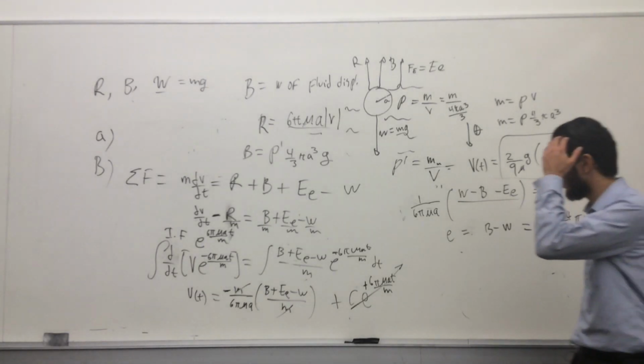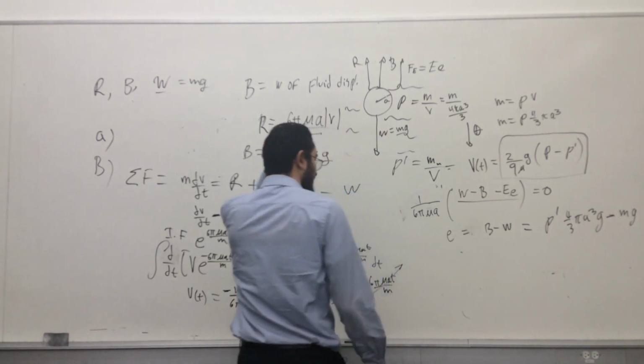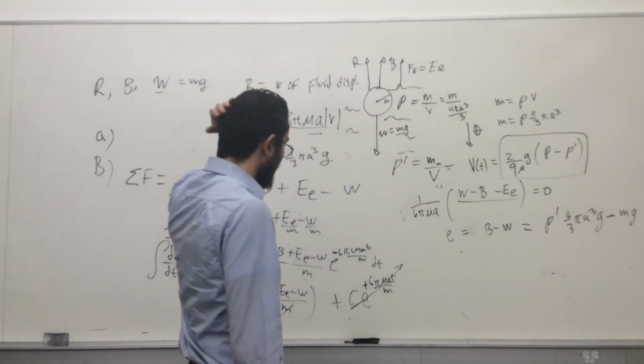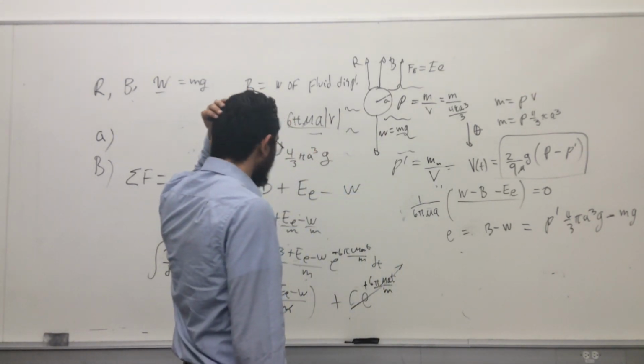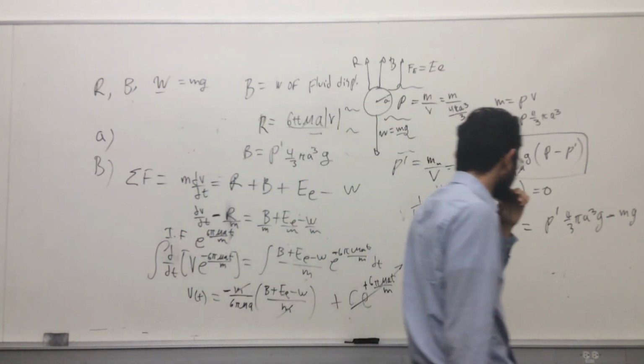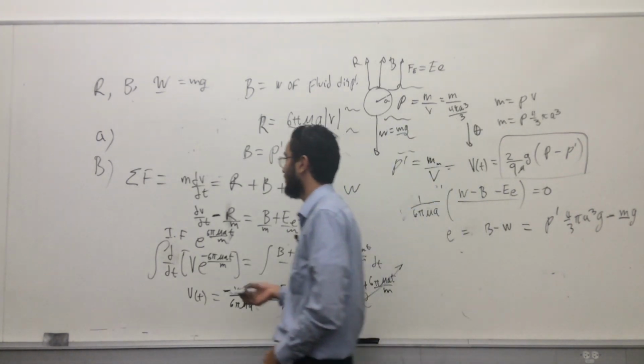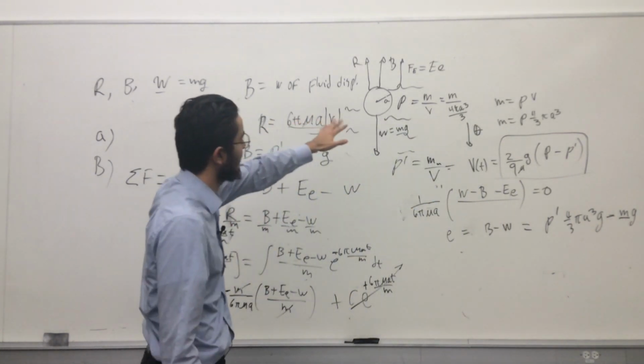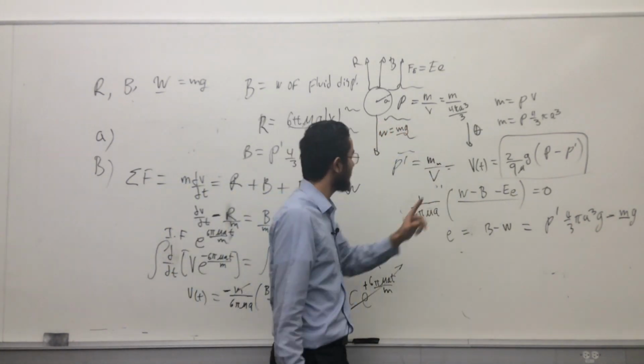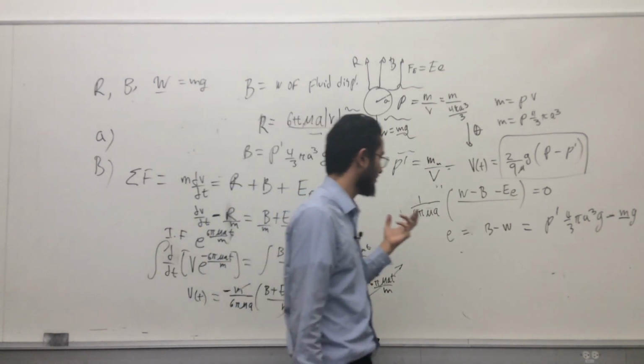Yeah, no, I think something's off. Let's see what's going on. Well, what I forgot to do was express the mass in terms of the density rho. So we can do that.